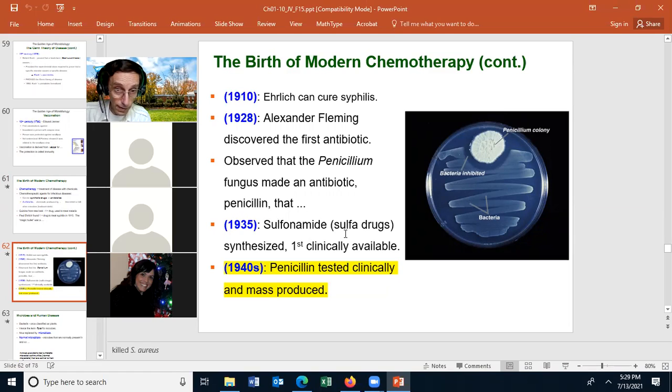So sulfa drugs were the first antibiotic that clinically became available. Penicillin was the second antibiotic that became clinically available, and it was purified in the 1940s during World War II and tested clinically en masse.